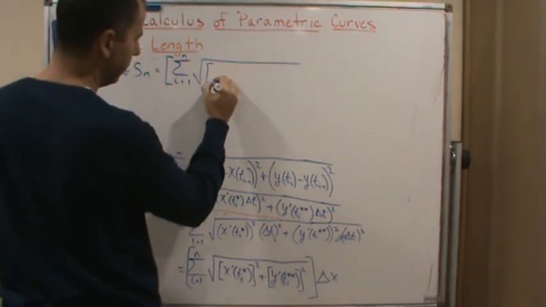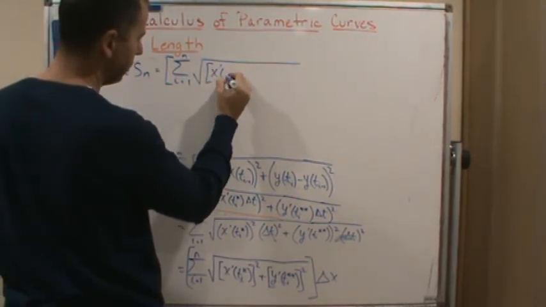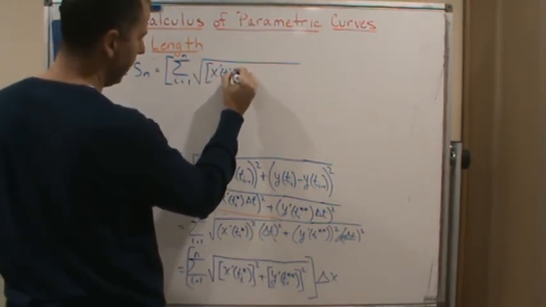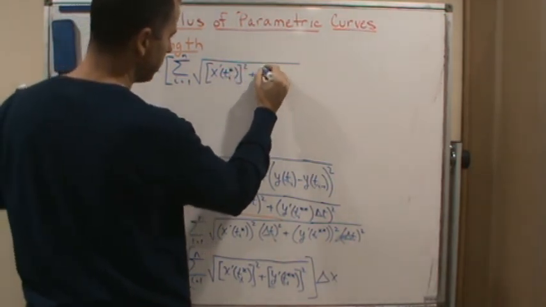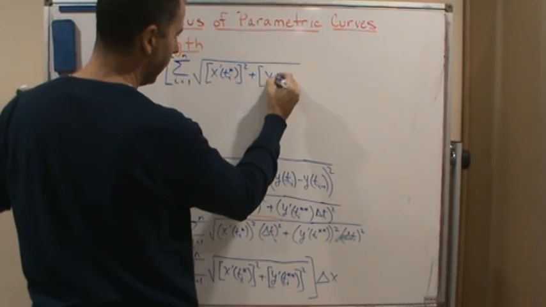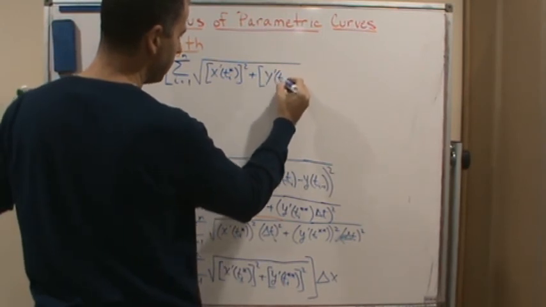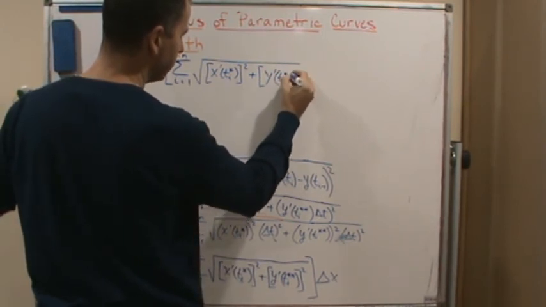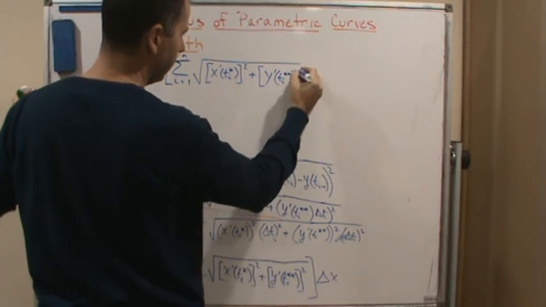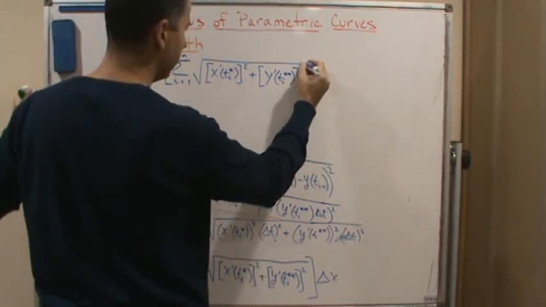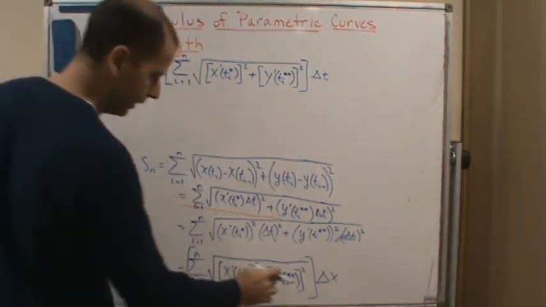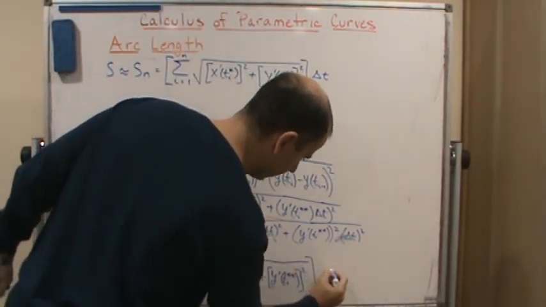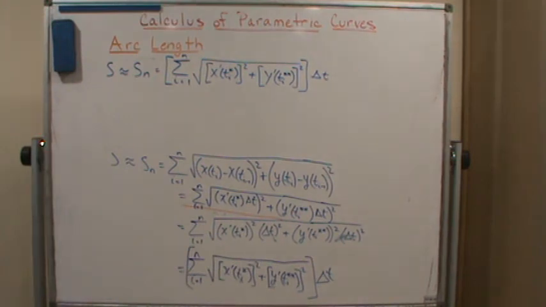So we get x prime of t sub i star, quantity squared, plus the quantity of y prime of t sub i double star, quantity squared, times, keeps putting delta x here, it's delta t. Delta t, not delta x.